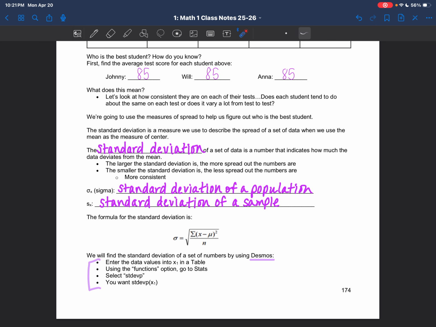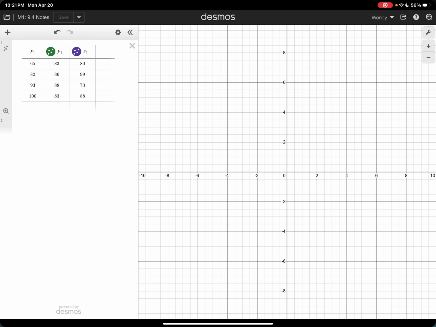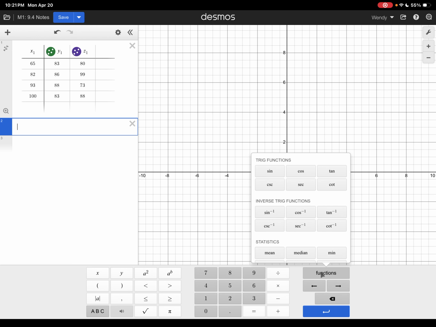So I'm going to show you what we're going to do. I already typed in the values for you. If you look here under x sub 1, I typed in these values. So in order to get the standard deviation, we're going to click down here and go to where it says functions.